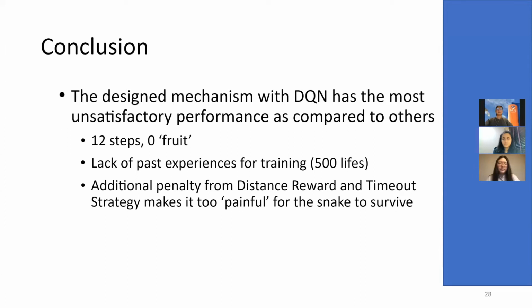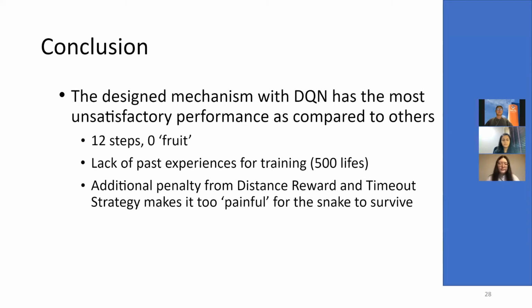Also, another reason could be from the mechanism design. As introduced in the previous section, we can see that the distance reward and the timeout strategy tend to give a negative value as the snake grows longer. Therefore, it is very hard to receive a positive reward as the length of the snake becomes larger and larger.